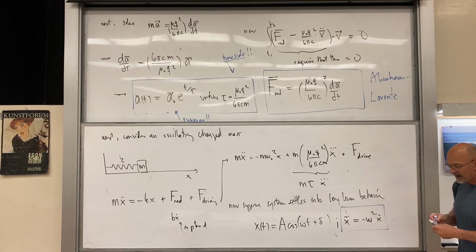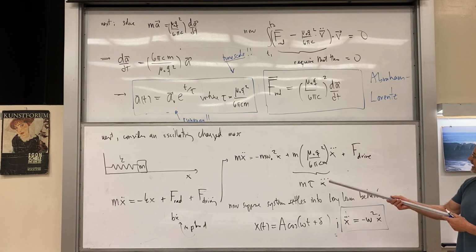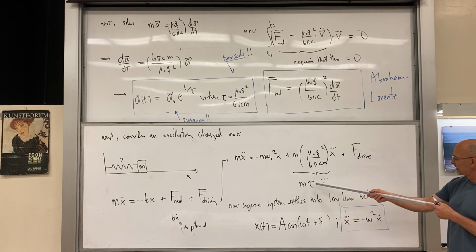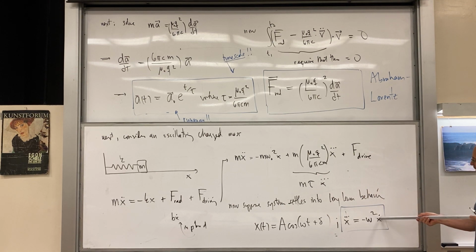When we plug it in here, we have minus m tau omega squared x dot.